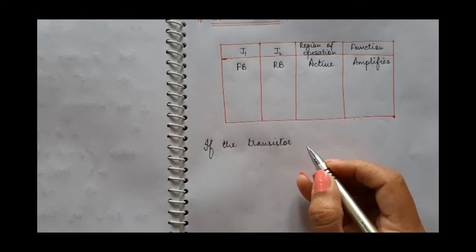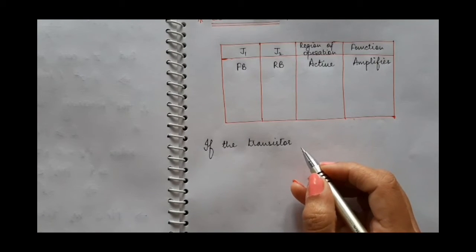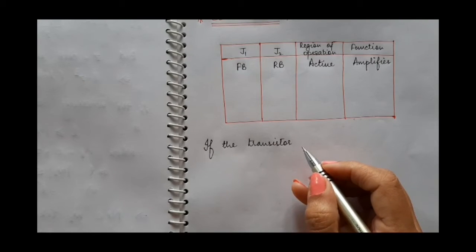Mostly the transistor is used in the active region. Active region transistors are used mostly.